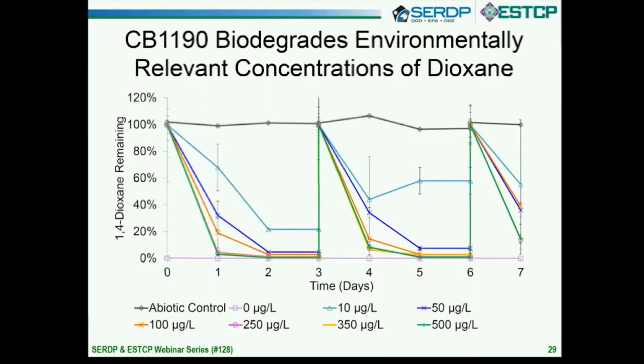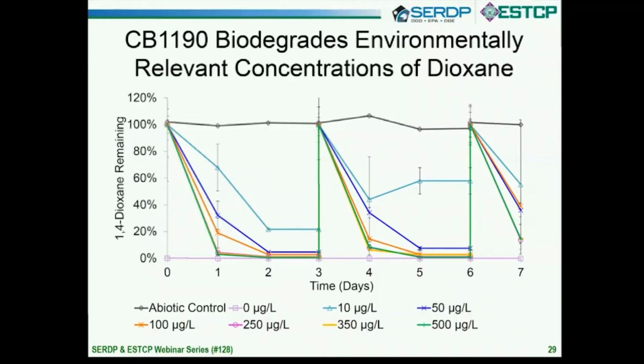Since we're talking about dioxane, other concerns appear. The CB1190 strain uses dioxane as a growth-supporting substrate, so like every other microbe, it will have a minimum substrate concentration at which growth is viable. What we are showing here is that CB1190 can sustain growth and degradation of dioxane at concentrations as low as 10 micrograms per liter. This is different from what previous work, also conducted under SERDP, has shown.